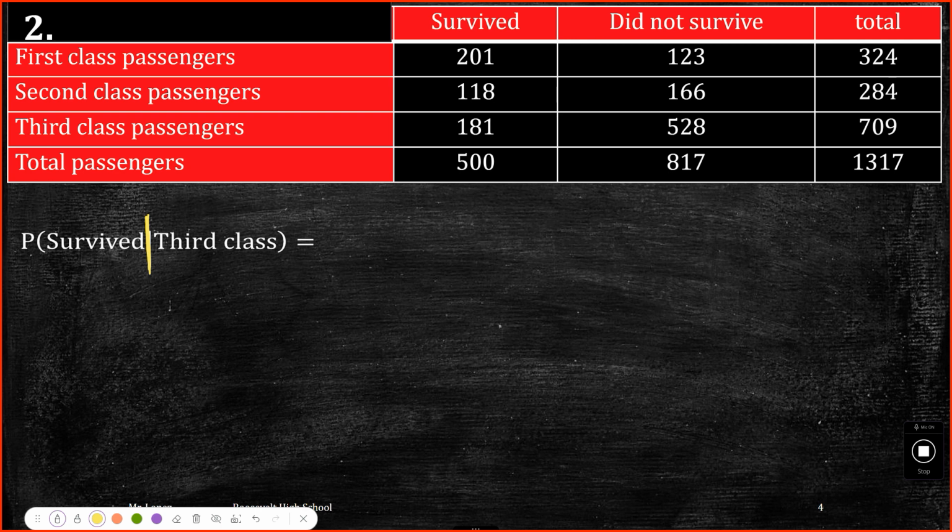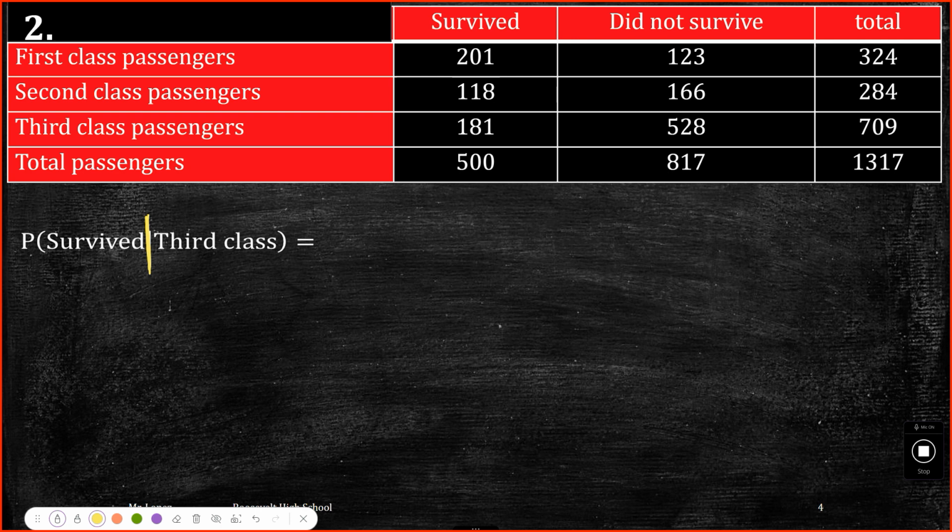What's the probability of picking a survivor, given that it is one of the persons that was in third class? That's what it says.